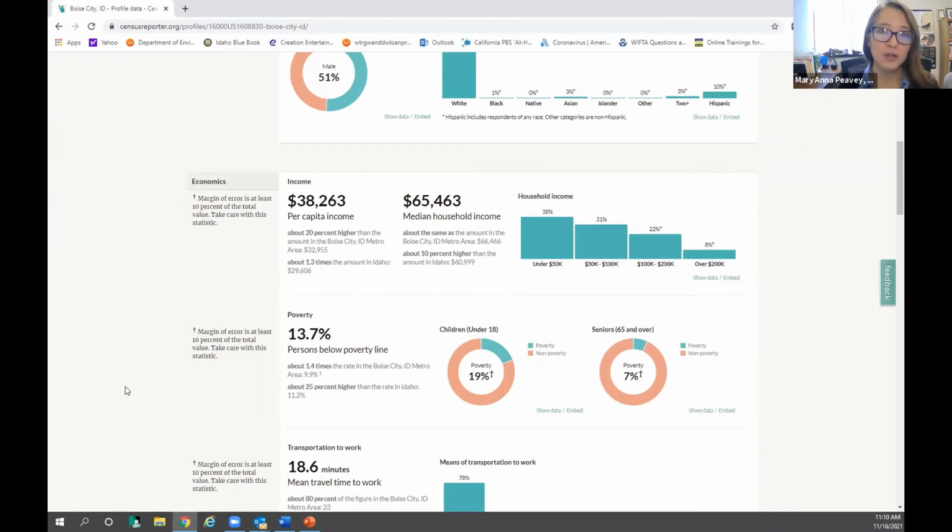So for City of Boise, we all kind of know City of Boise is probably not going to be a disadvantaged community, but just to double check, what I would do to see if I would qualify to be disadvantaged is I would multiply the $65,000 figure times 2, and that equates to $1,309.